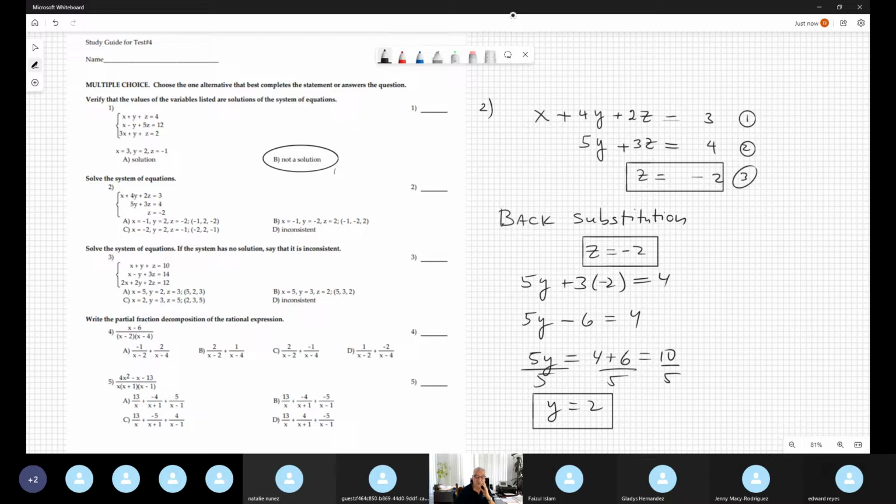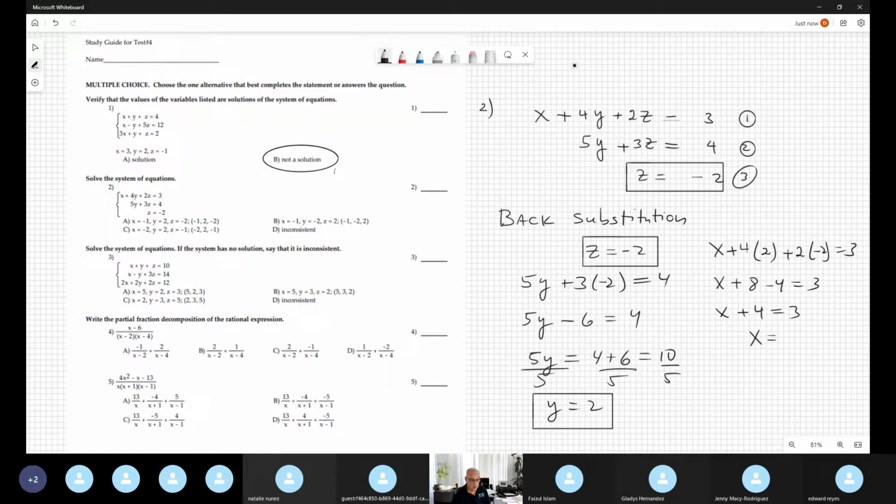And x, back substitution, I go to the first equation. In the first equation, we have x plus 4 times 2, because y is 2, plus 2 times negative 2 should be 3. Then we have x plus 8, no? 4 times 2 is 8, minus 4 equal 3. 8 minus 4 is 4 positive.